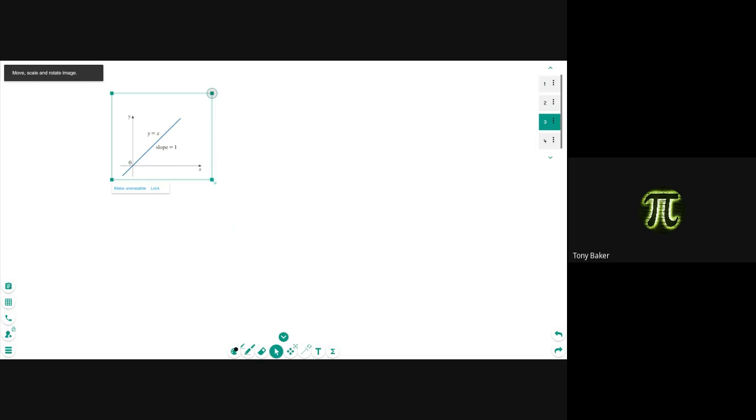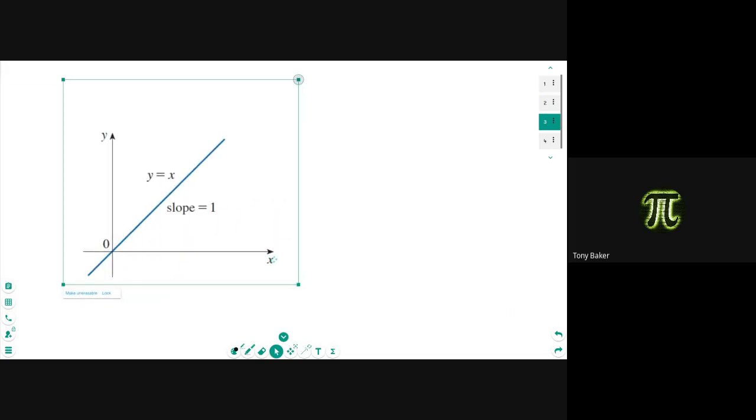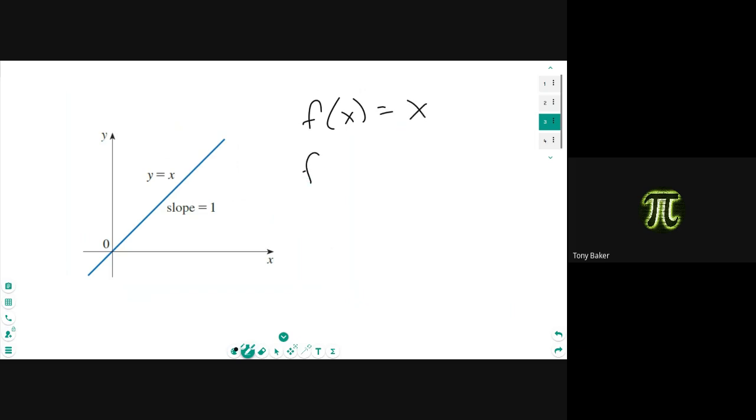What if I had a simple line like that? Just y equals x. What's the slope of that one? 1. So is it ever not going to be 1? No. So if f of x is x, then my f prime of x is 1.